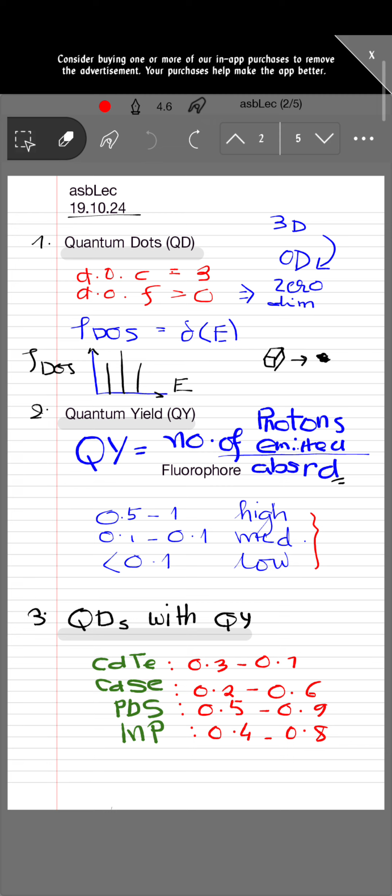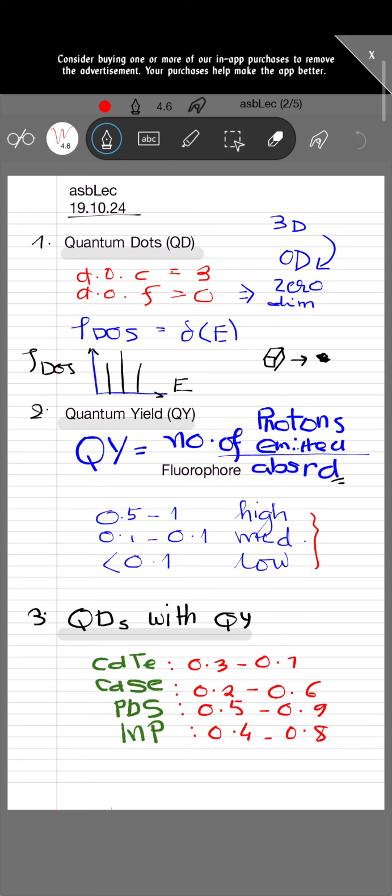For those kinds of uses, a very important parameter is the quantum yield. What is quantum yield? Quantum yield is nothing but the ratio of the number of photons emitted to the number of photons absorbed by a fluorophore. Now, what is a fluorophore?